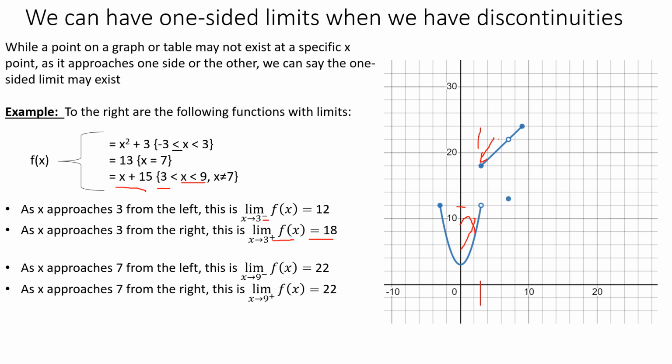And as x approaches 7 from the left, no, I take that back, it's approaching right here. It's not attained, but it's approaching 22 from the left, and approaching 22 from the right. So this goes to 22. And notice I'm not saying where it's at right here, but where it's approaching. So from the left and from the right at 9.